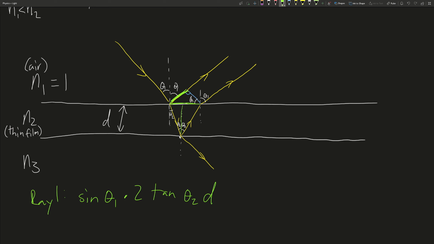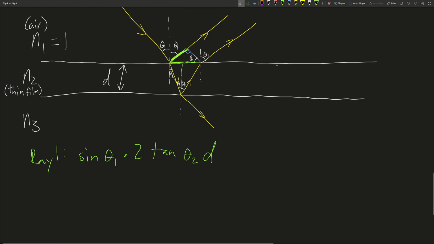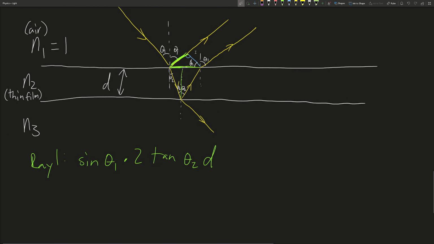So tangent theta 2 times d gives half of this length, and so this full length is equal to 2 times tangent theta 2 times d. And then we want to see the length of this green section up here, so this ray 1 travels a length of sine theta 1 times 2 tan theta 2 d. Okay, so that's the distance that ray 1 travels.